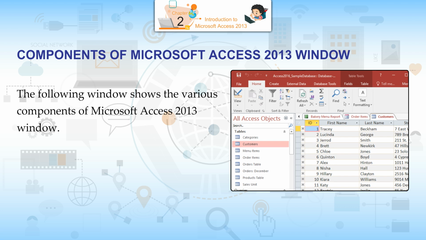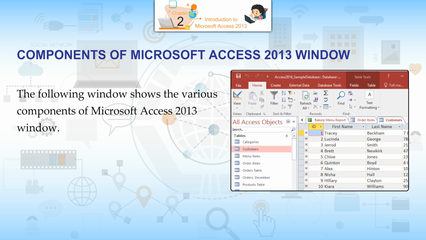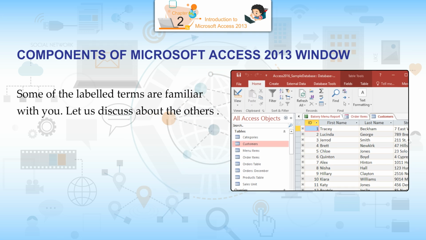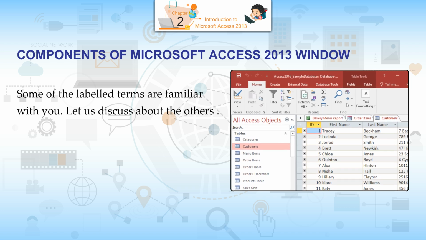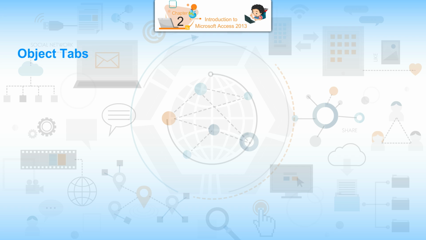Components of Microsoft Access 2013 window. The following window shows the various components of Microsoft Access 2013 window: Quick Access Toolbar, Tab, Title Bar, Navigation Pane, Status Bar, Views. Some of the labeled terms are familiar to you. Let us discuss the others. Object tabs.